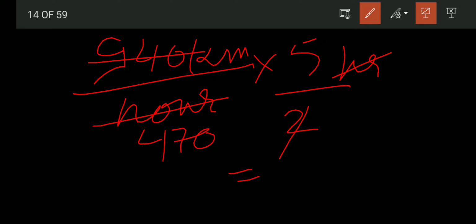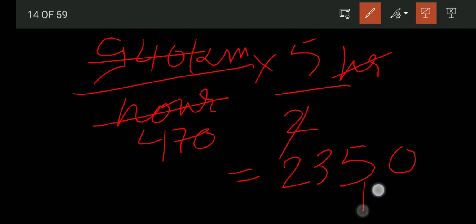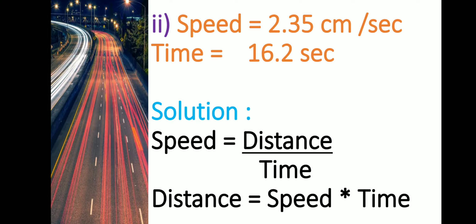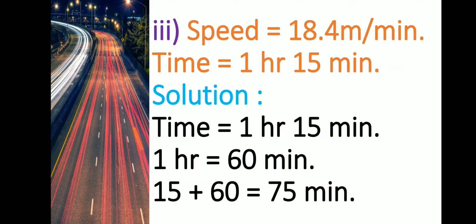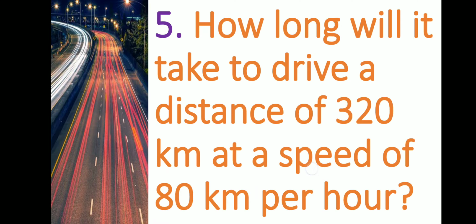So when you multiply, 5 zeros are 0, 5 7s are 35, 5 4s are 20 plus 3, 23. And what unit is left? Kilometer. So kilometer, 2350 kilometer. Rest you can calculate. Be careful when you have to convert the units. Come to question number 5.